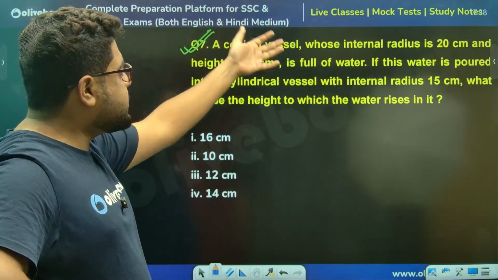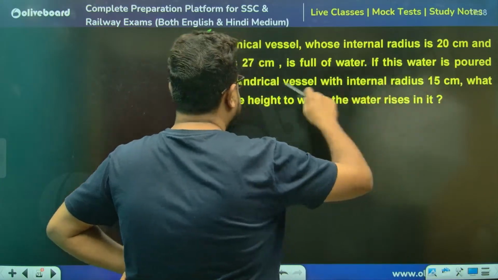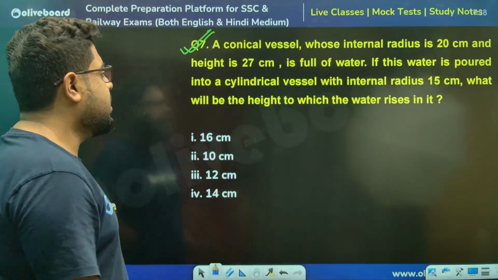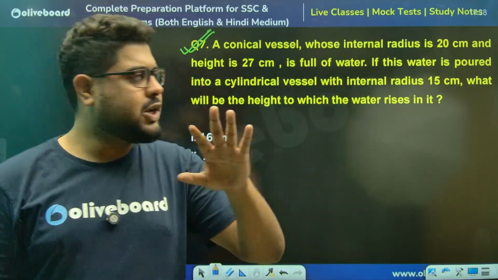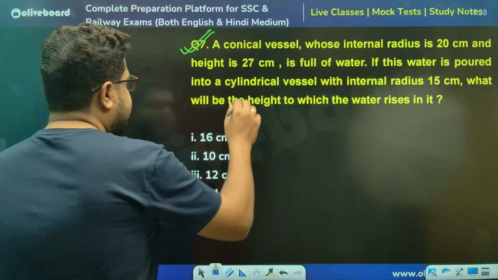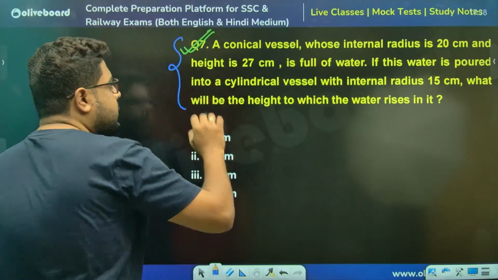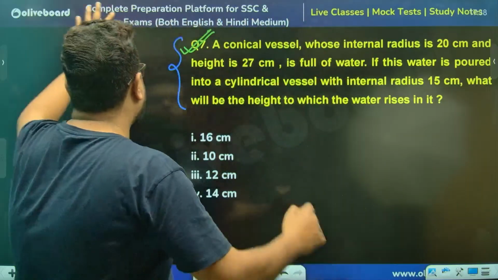This water is poured into a cylindrical vessel with internal radius given. What will be the height to which the water rises in it? So the height of the cylinder they are asking. As simple as that. One volume I'm transferring to another vessel, so we are talking about volume.